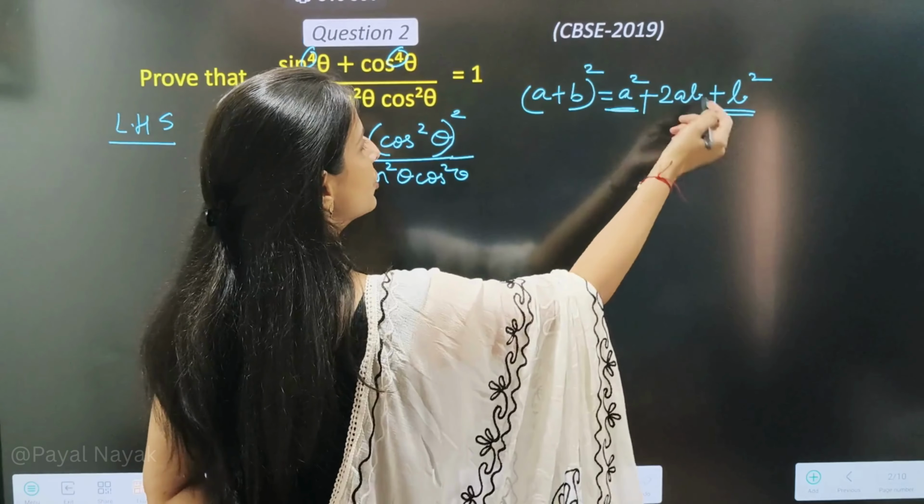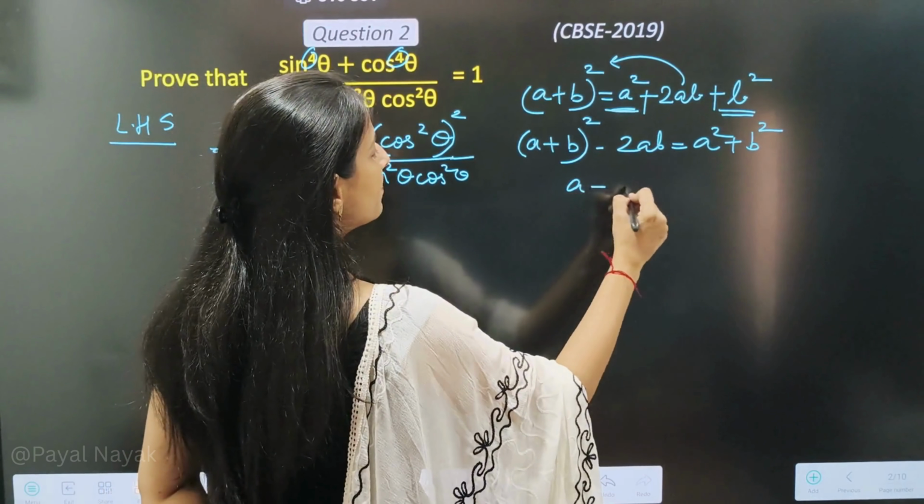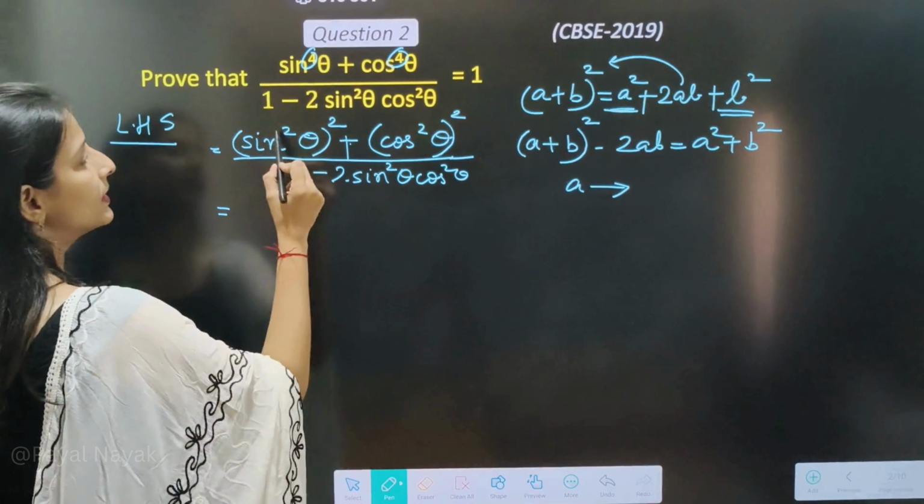Correct? So now what I'm going to do in this sum, as per this sum, what is my a? As per this sum, a square plus b square is sine square theta plus cos square theta. So my a is sine square theta and my b is cos square theta. Correct?